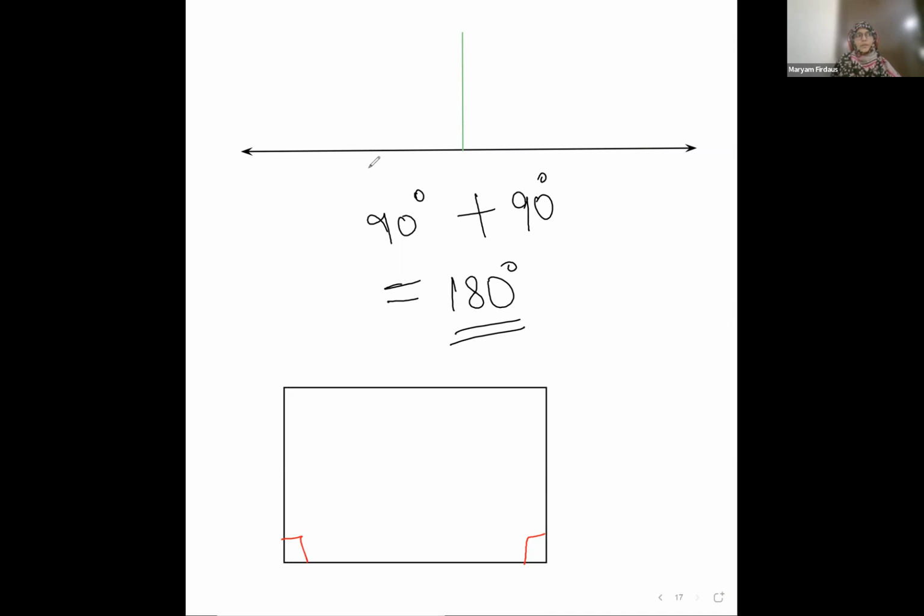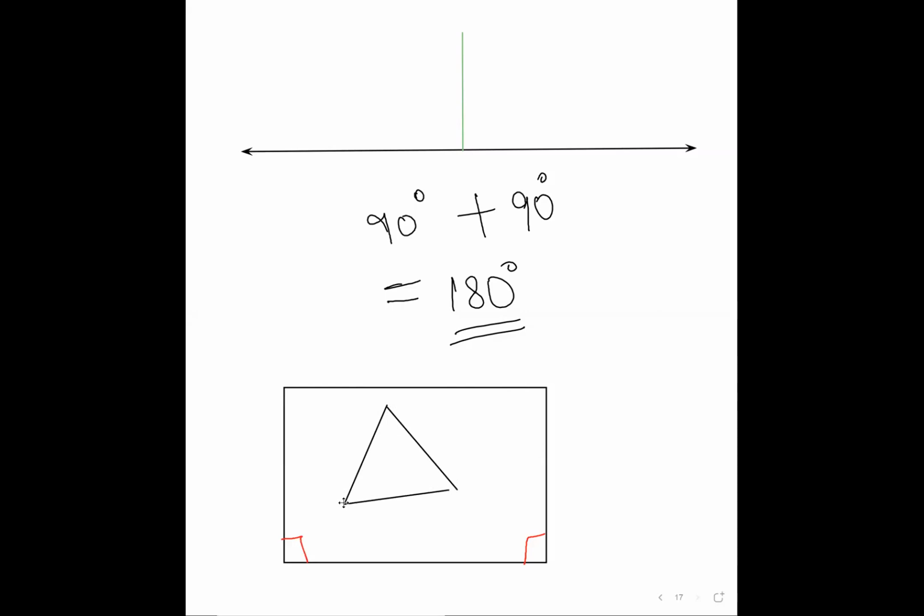You have a triangle. You have 3 angles over here. Actually, I didn't draw all the 4 angles of the rectangle because I didn't need to. So let's say I'm just going to draw 2 angles. Okay, this and this.